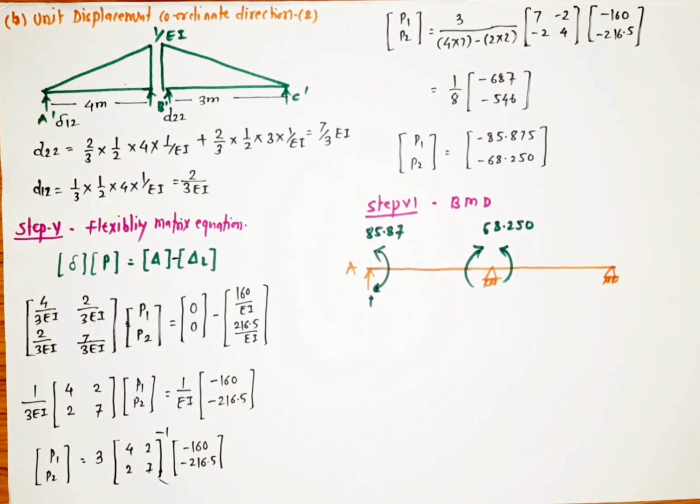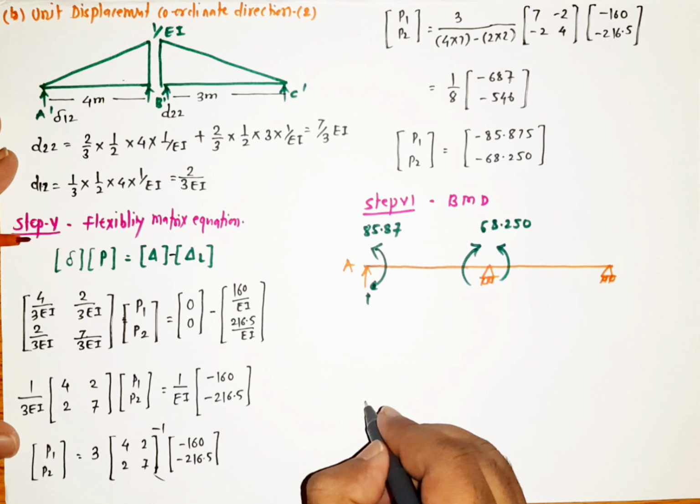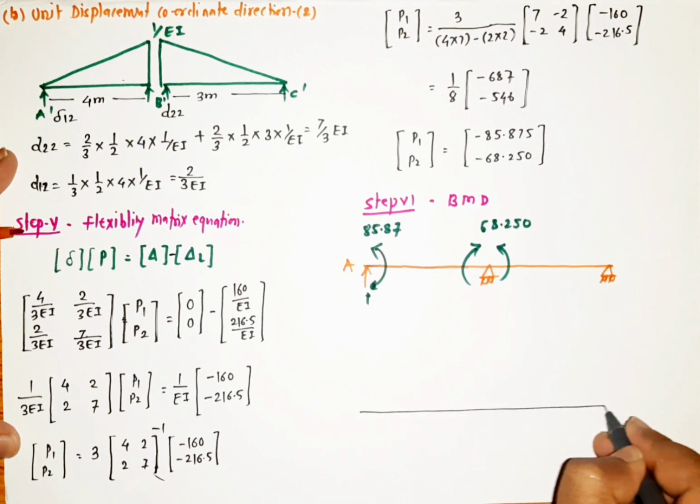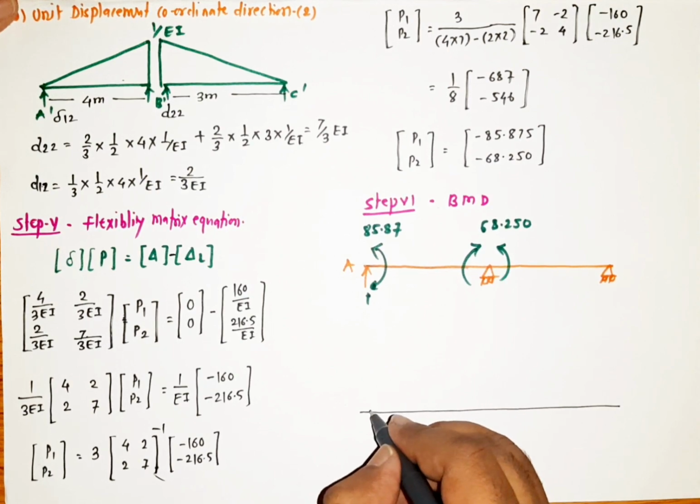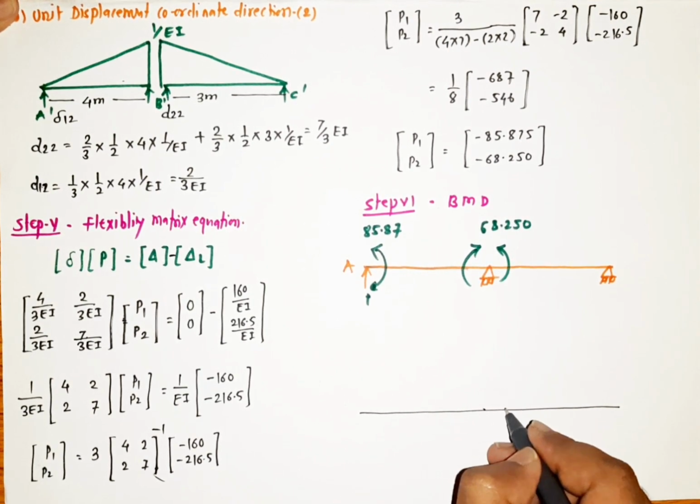Now we want to draw a bending moment diagram. Whenever we want to draw a bending moment diagram, let us draw the span as it is, and we already know some values, that is moment at AB.